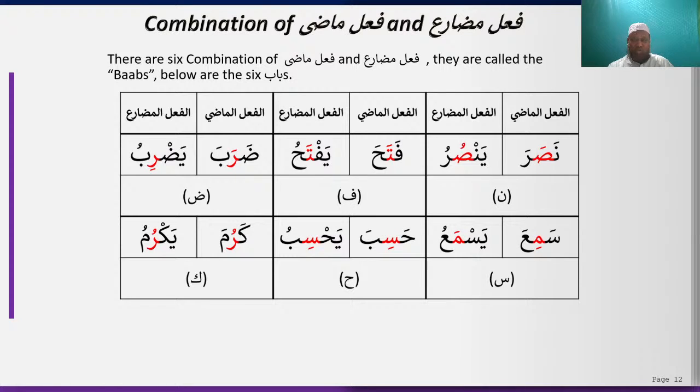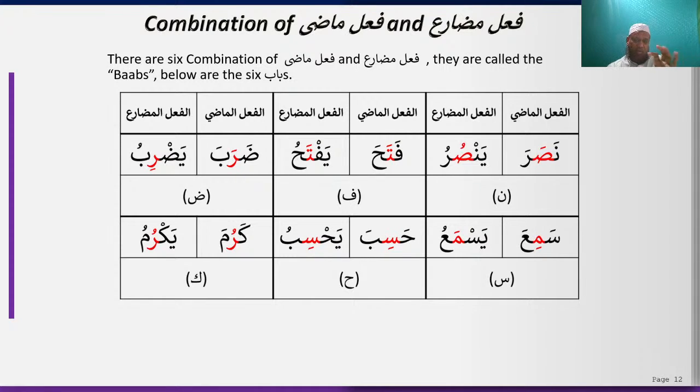Is there a way to find a fa'il lazim? If I have a fa'il in front of me, for example, ذهب, how do I know if this is fa'il al-lazim or fa'il al-muta'addi? First of all, obviously, you need to know the meaning of the fa'il. ذهب means to go.